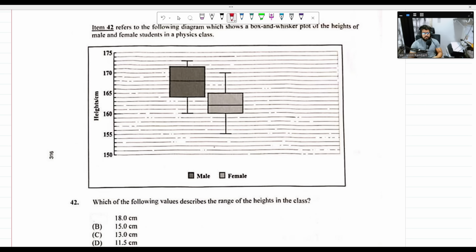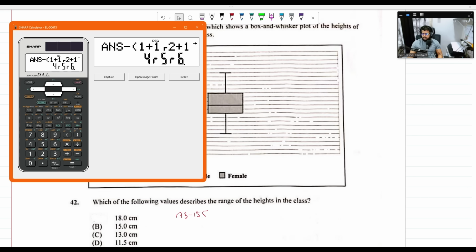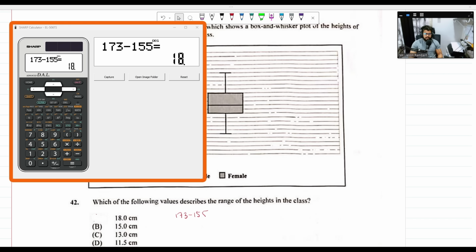The range is the highest value take away the lowest value. So this is 170, 170, 172. This is 173. That's the highest, and the lowest is 155. So 173 take away 155. Watch me, I can't be too sure. 173 take away 155, 18. Answer is indeed A.